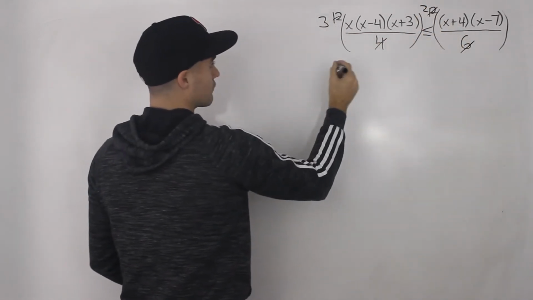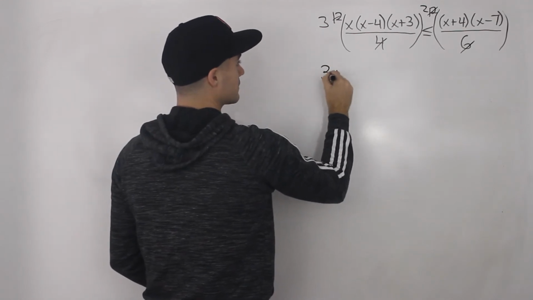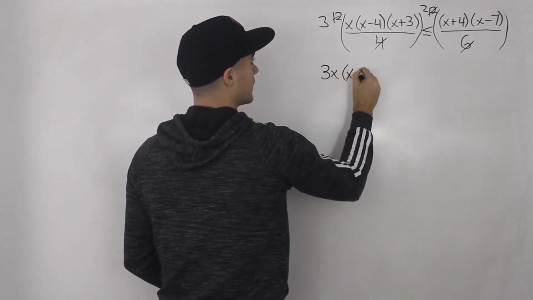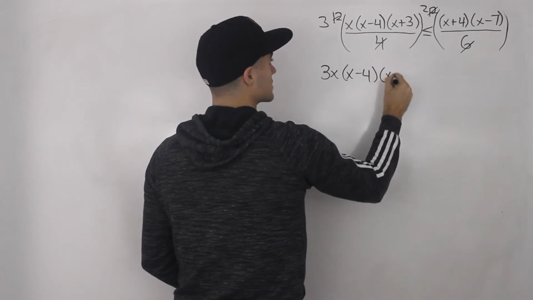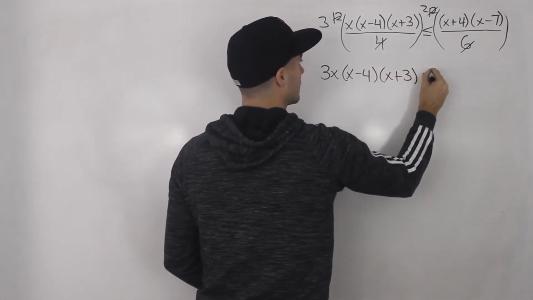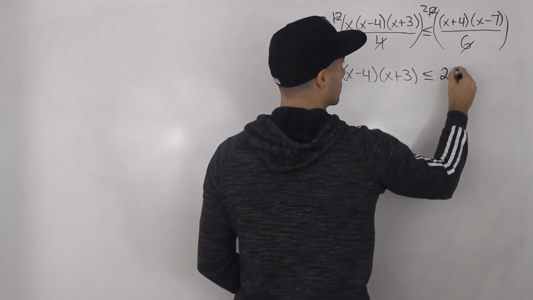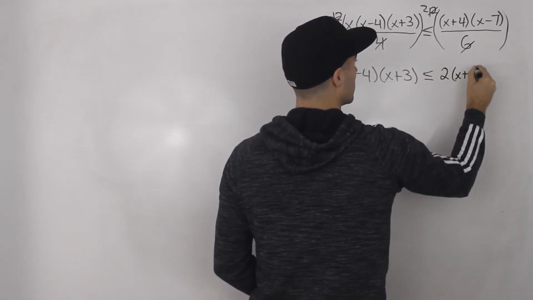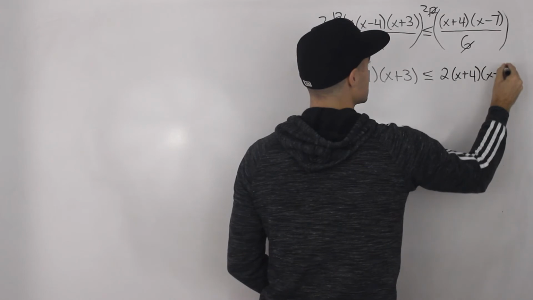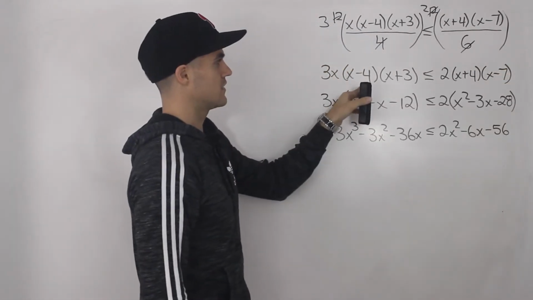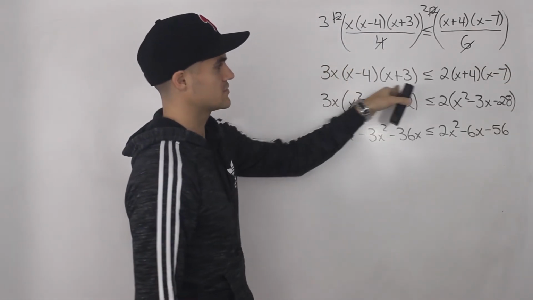So we can rewrite everything as 3x bracket x minus 4, x plus 3, less than or equal to 2 bracket x plus 4, x minus 7. So further simplifying this, what you want to do is FOIL out these two brackets.